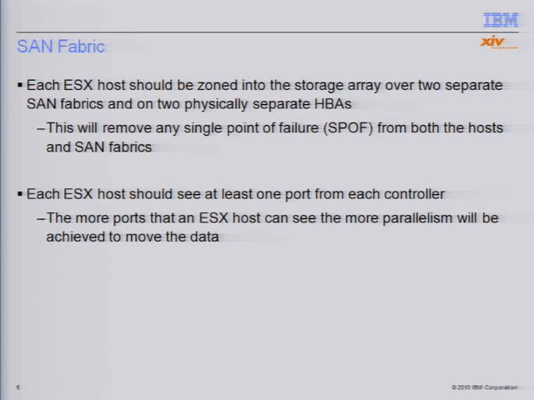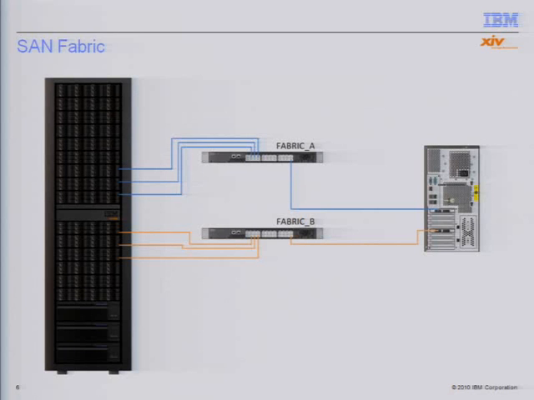Another thing you want to make sure of is that from your host, you see multiple ports on your storage array. So for example, for XIV, you'll have two fabrics, and you'll want your fabric A and fabric B to see all ports on your storage array.